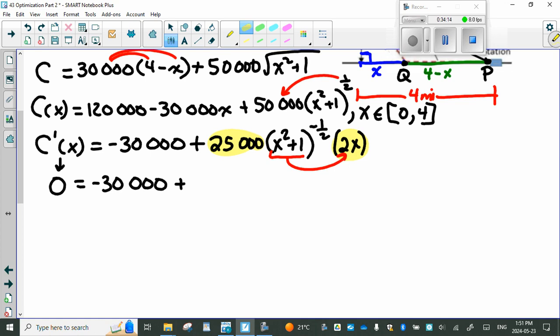They're all being multiplied, and that's going to give me 50,000x. And then I'm going to bring that down to the bottom and make it the square root of x squared plus 1. That's where, if we were getting into the second derivative, I would need the quotient rule here with the 50,000x over the square root of x squared plus 1.